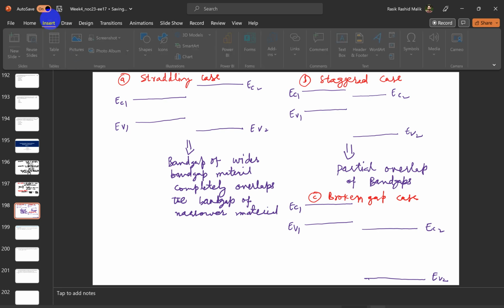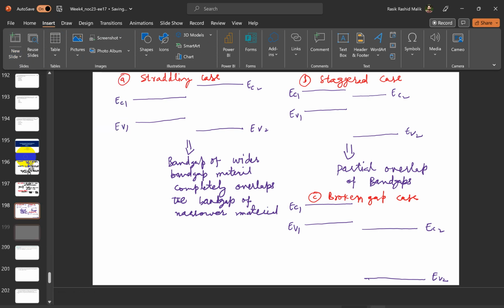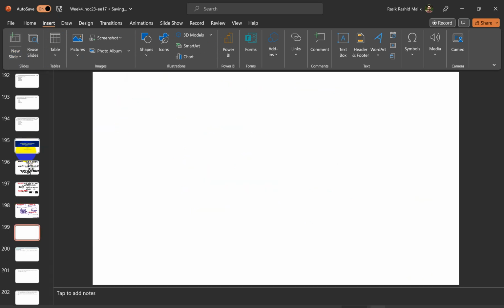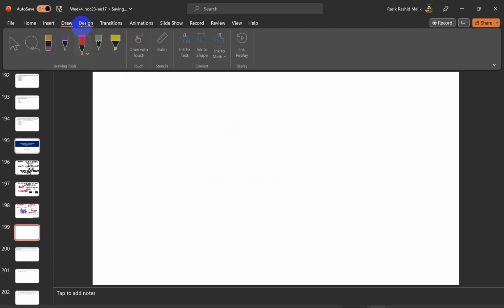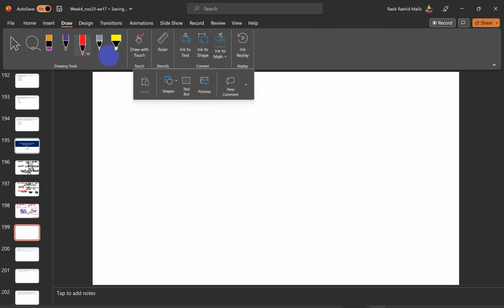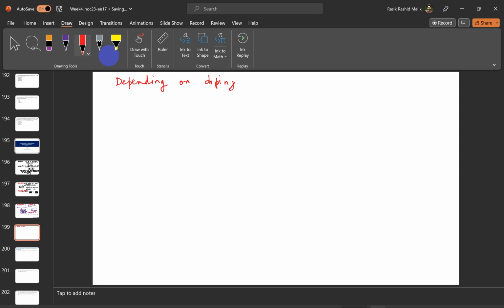Okay, so now depending on the doping, we have four types.